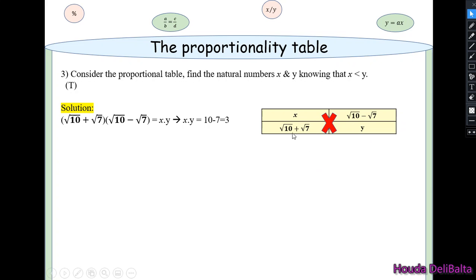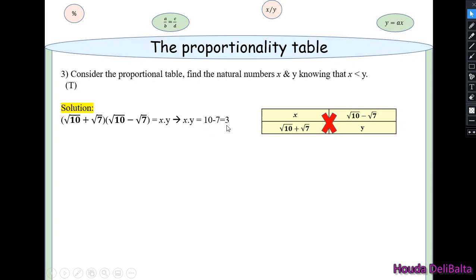So x dot y should definitely equal radical 10 plus radical 7 times radical 10 minus radical 7. Now using the identity of a plus b times a minus b, I just square the first one minus the square of the second one, then I will get 10 minus 7. So x dot y is equal to 10 minus 7, which is 3.